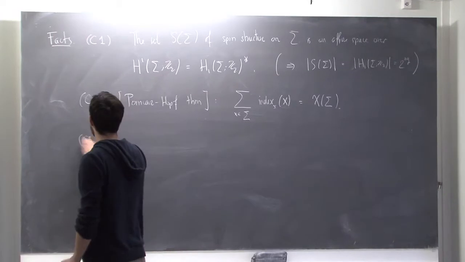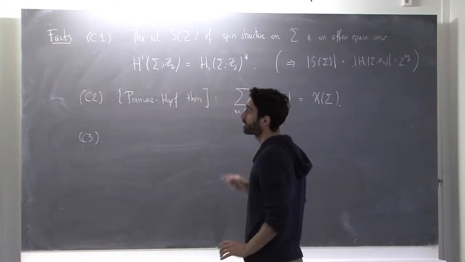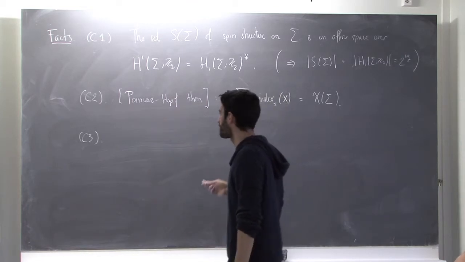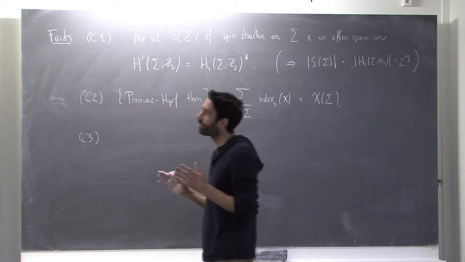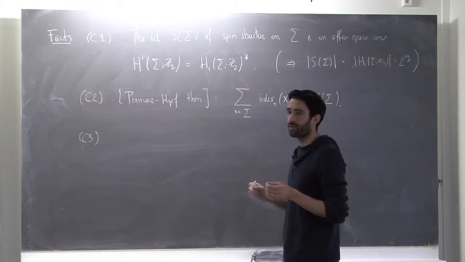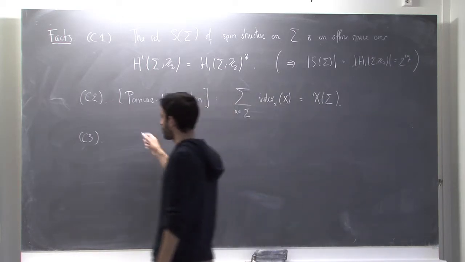And then a third fact that explains why I had started talking about vector fields is that if you give yourself a vector field with only zeros of even index, then this gives you, for free, automatically a spin structure. How does this work?